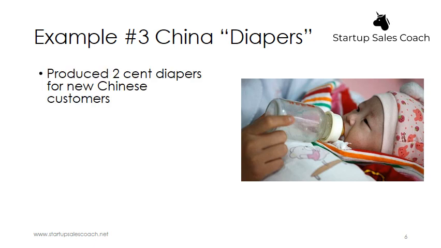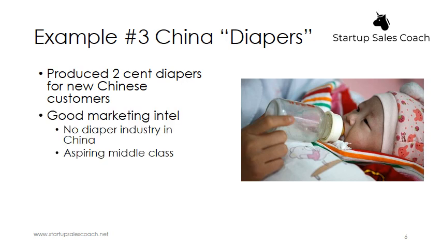There was a leading multinational that was able to produce these diapers for new Chinese customers at only 2 cents, a cheap price, and with no current diaper industry in China and an aspiring middle class, this seemed to be a great marketing opportunity and a great opportunity for new growth in China. The problem was that it failed. They just didn't seem to crack the market and encourage this new adoption of this Western practice.